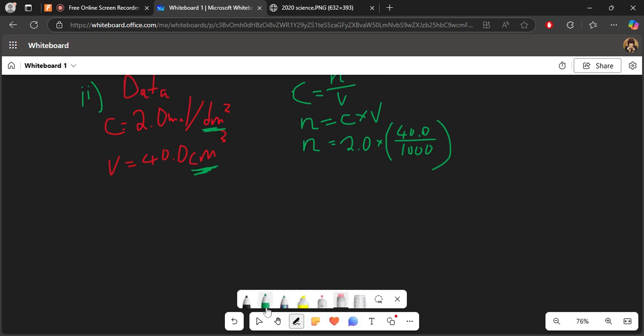Then we get our number of moles as 2.0 times 0.04, which is 0.08 moles of nitric acid.